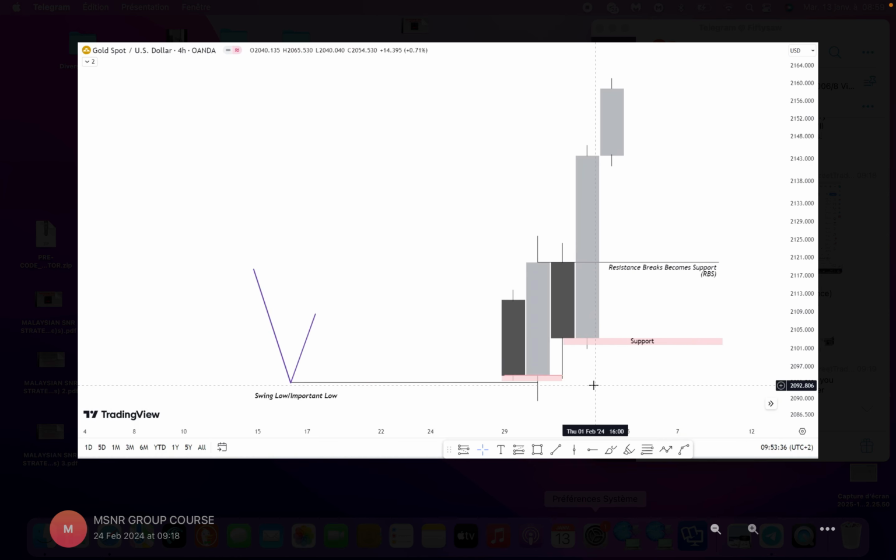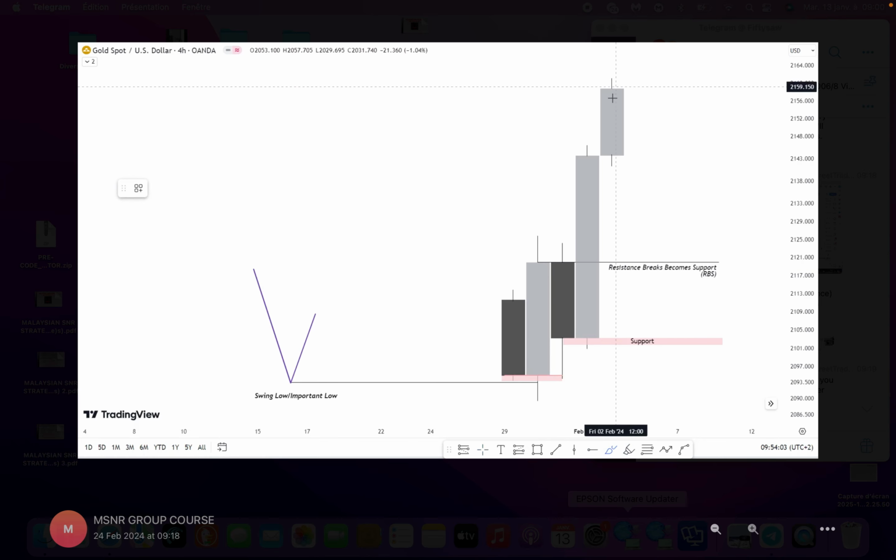So what I want to share with you guys, the most important thing: if ever we did not have any mitigation around here, always focus on the two lowest areas which have not yet been mitigated.